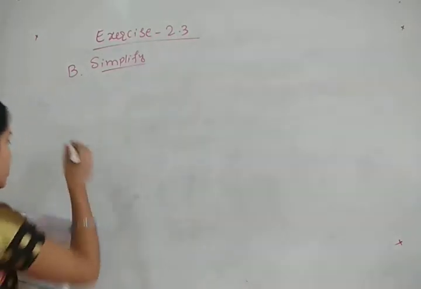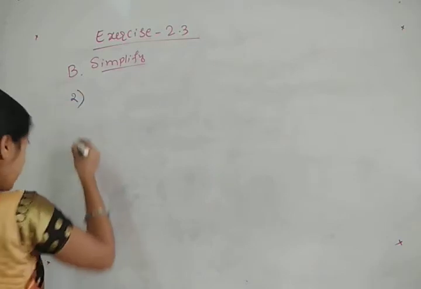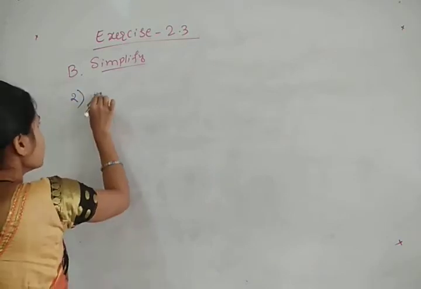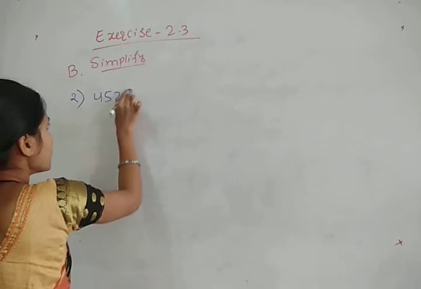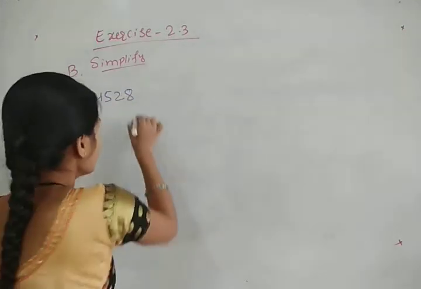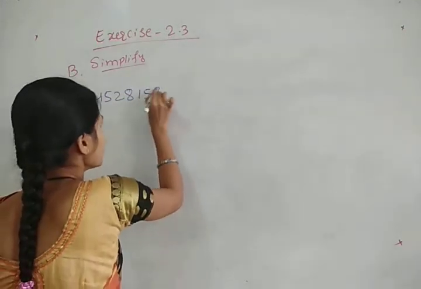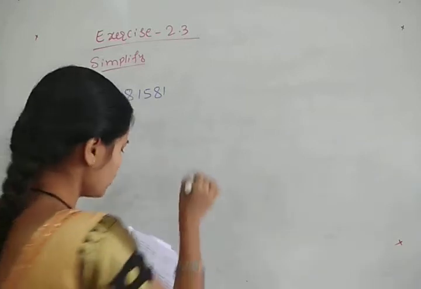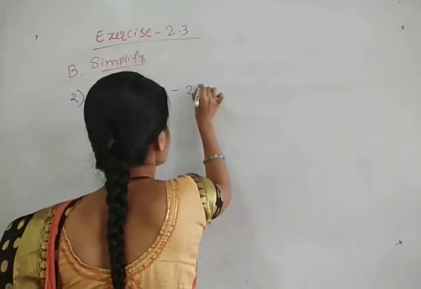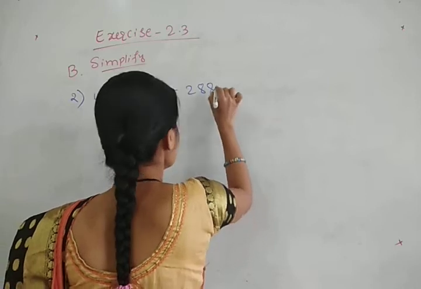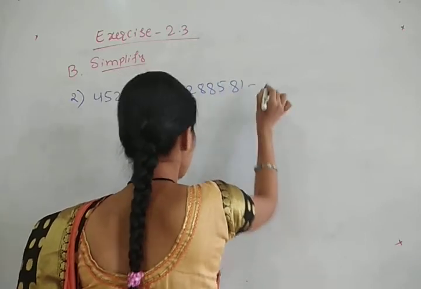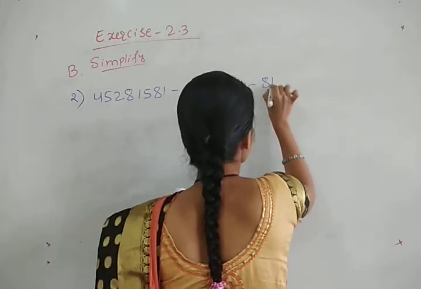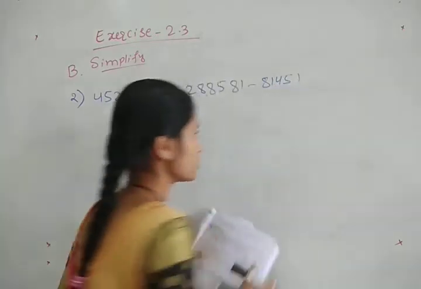The question number 2 is what? I will write here. 4528 1581 minus 288 581 minus 81451. Okay.